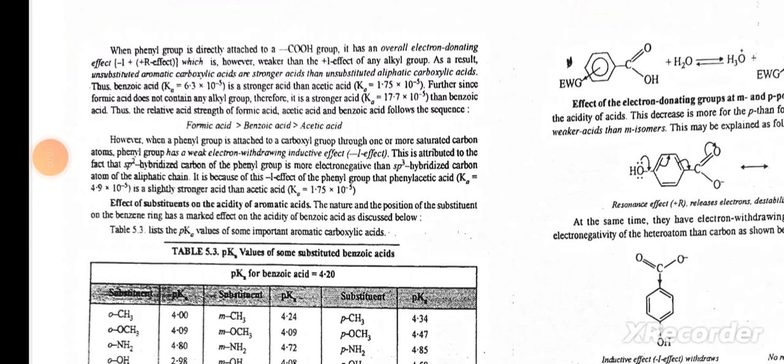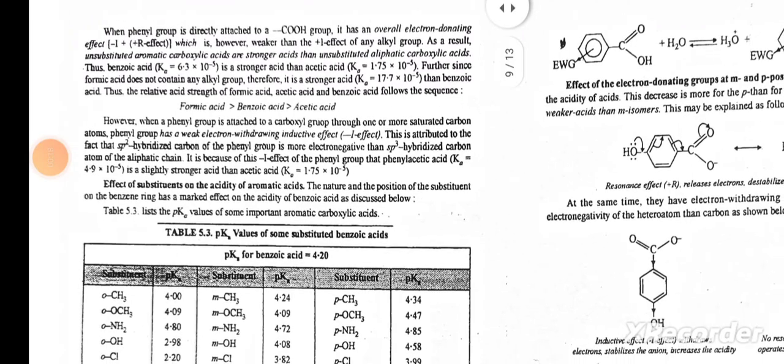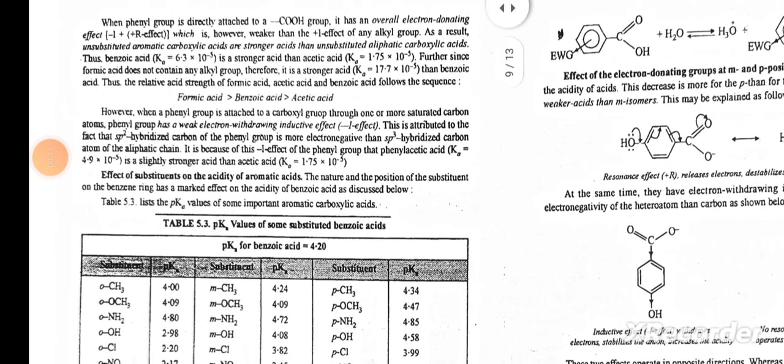When a phenyl group is directly attached to a COOH group, it has an overall electron donating effect, which is however weaker than the plus I effect of any alkyl group. As a result, unsubstituted aromatic carboxylic acids are stronger acids than unsubstituted aliphatic carboxylic acids. Thus, benzoic acid is a stronger acid than acetic acid.